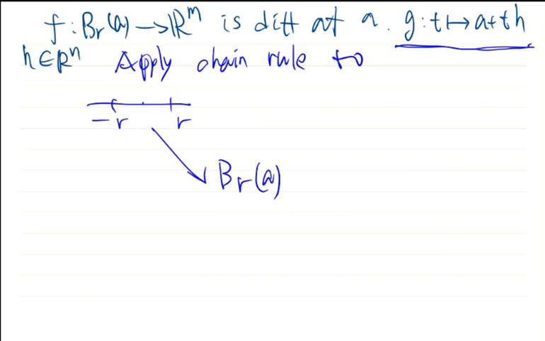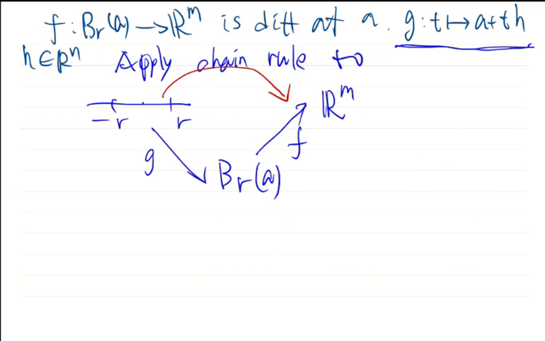When t is 0, that is a. When the absolute value of t is not greater than R, then a plus t h will lie in this ball. So this is our g, and our f maps into Rm. So we consider this map.